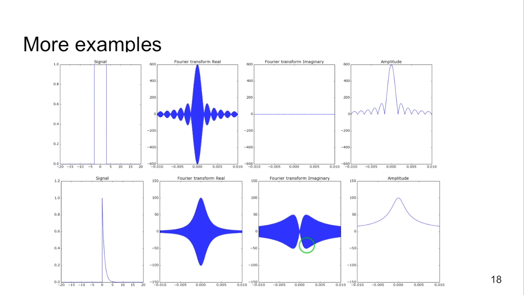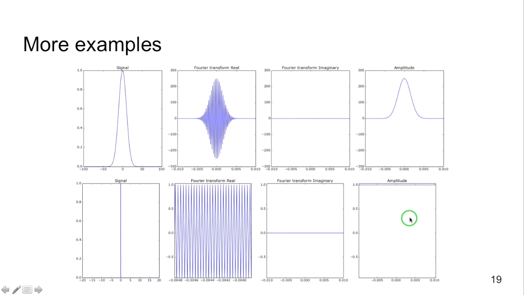A couple more examples. If we have a square wave, we end up with a sinc function. If we have an immediate rise followed by exponential decay, you get something like this. Gaussian is an interesting case because the Fourier transform of a Gaussian is a Gaussian, which is useful.